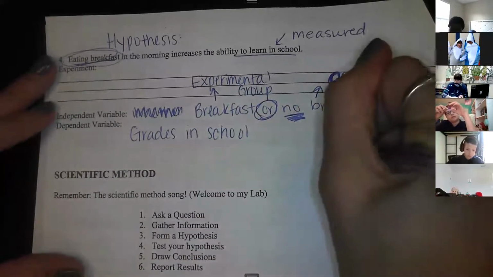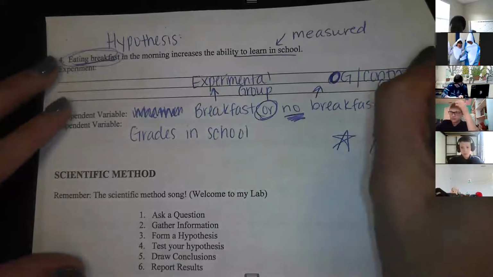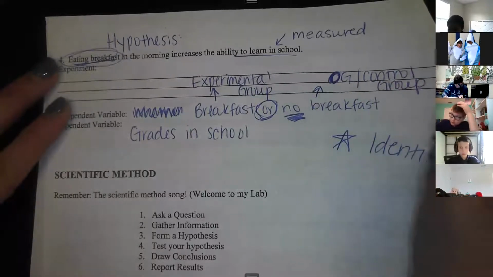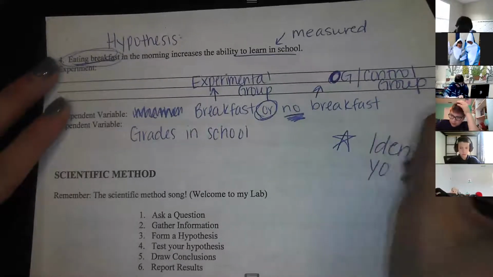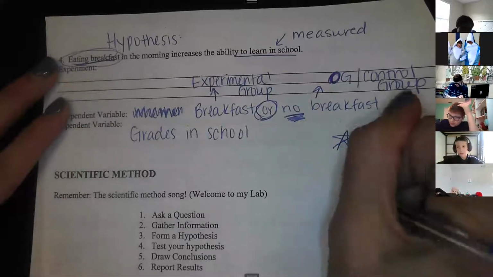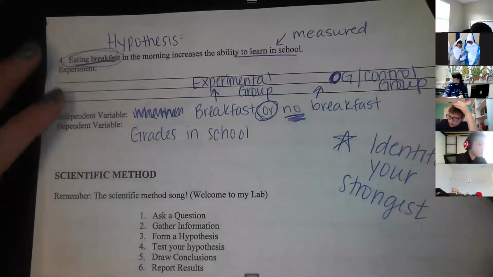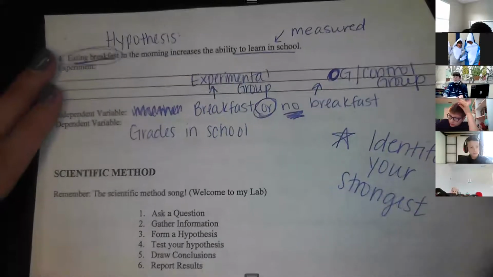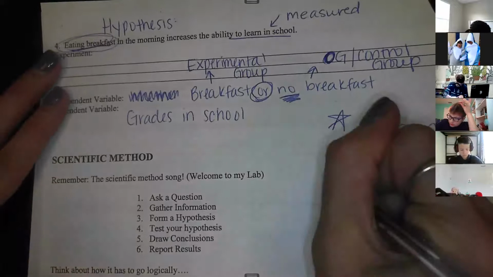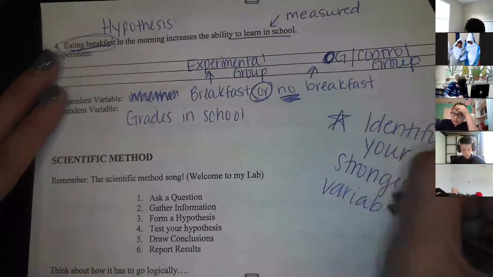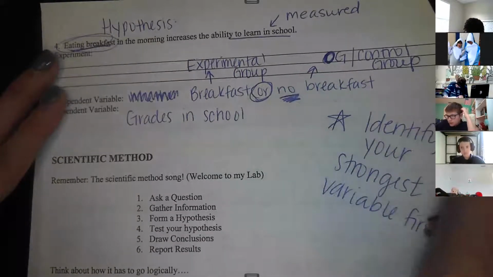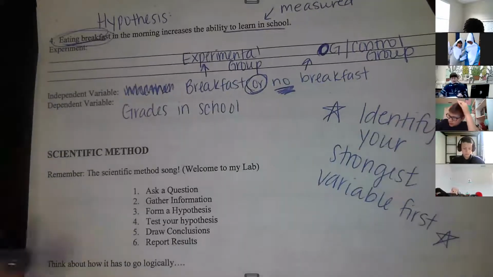On your papers, I want you to write this. Identify your strongest variable first. What I mean by that is, if you're more comfortable with the dependent variable, identify that one first. Play to your strengths, guys.